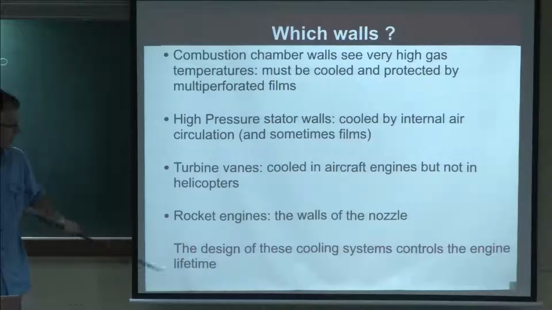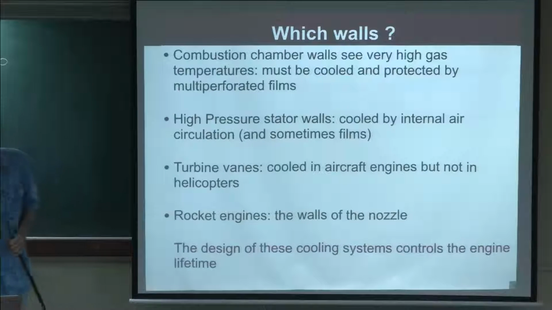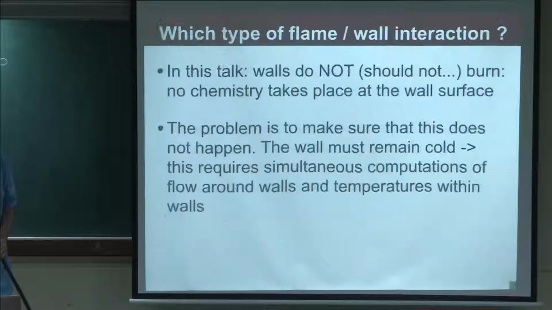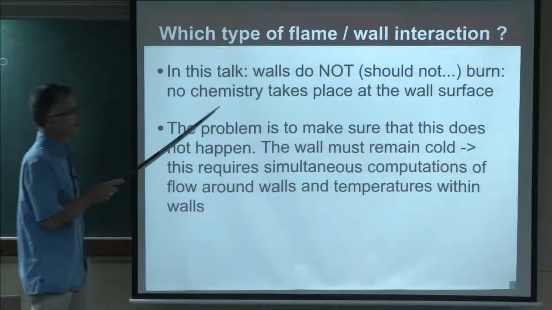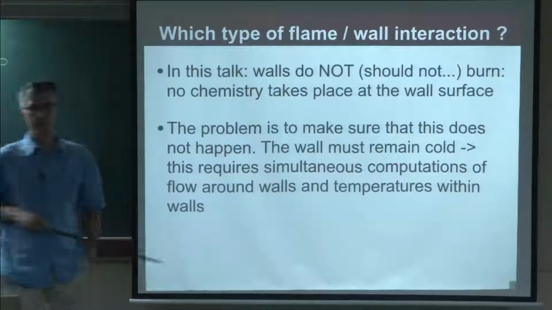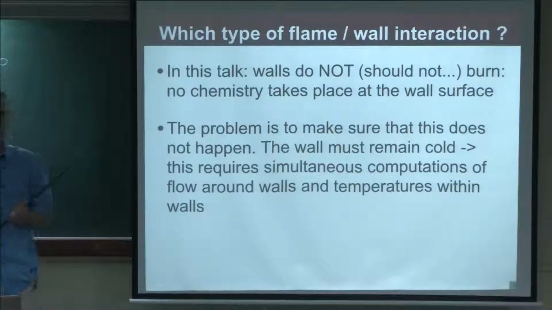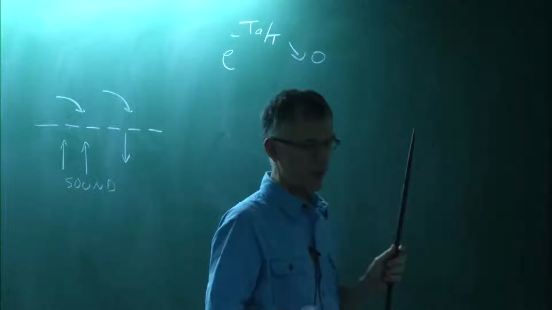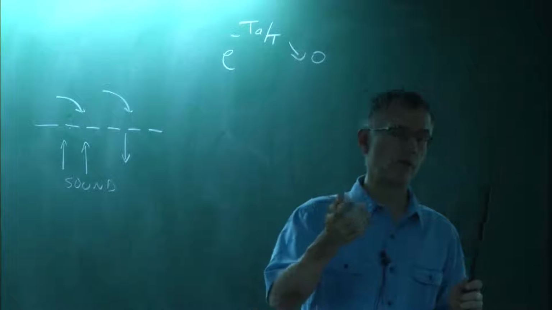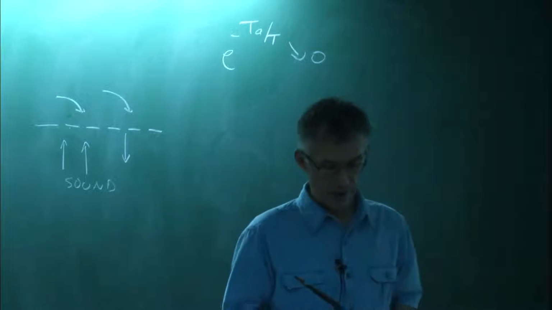And so to control the lifetime of this system, you need to understand what's going on. I just open a parenthesis here. I'm going to talk here about walls which do not burn. It is clear that if you have too much flux to a wall, the temperature of the wall will increase, and at some point the wall itself will start burning.